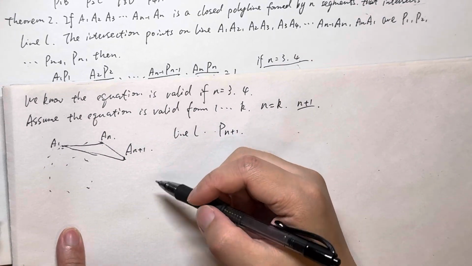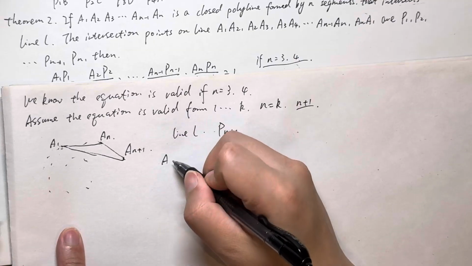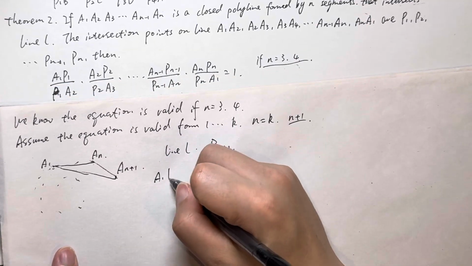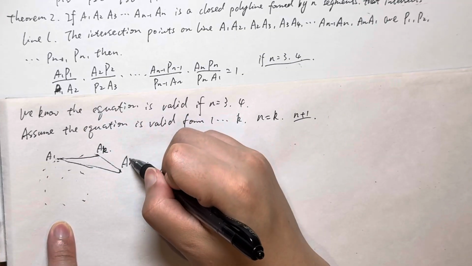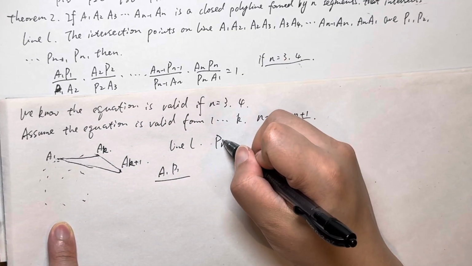So we can see the A1P1 to P1A2, actually here let me use k. Okay, let me use k, that's more clear.